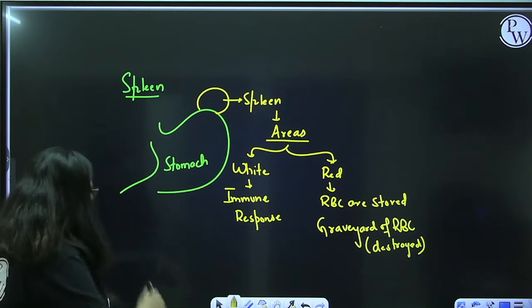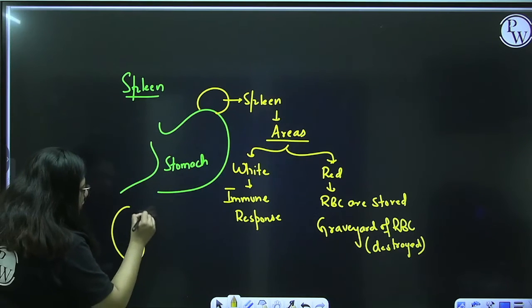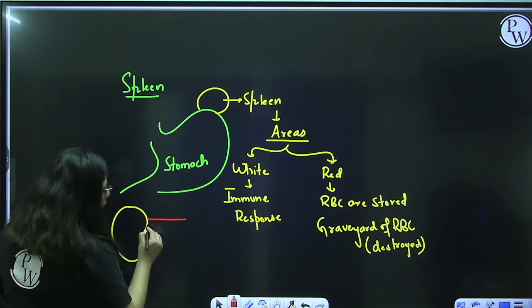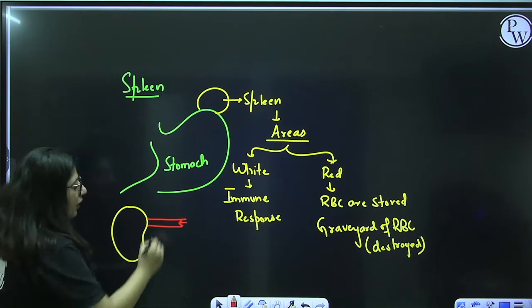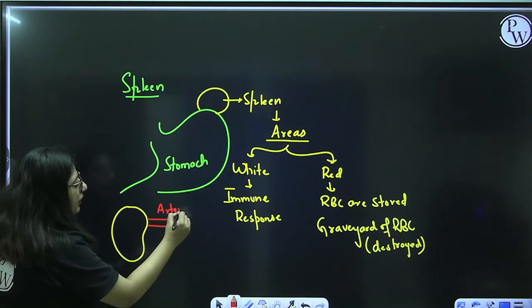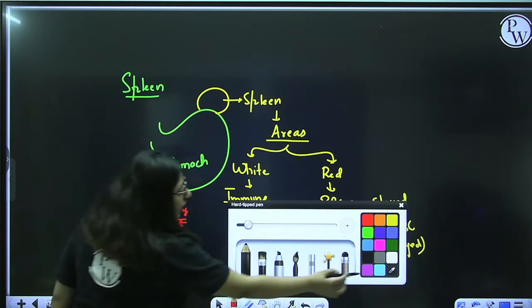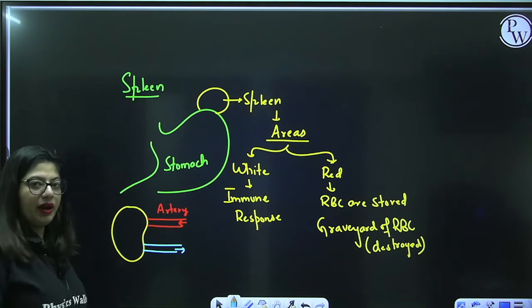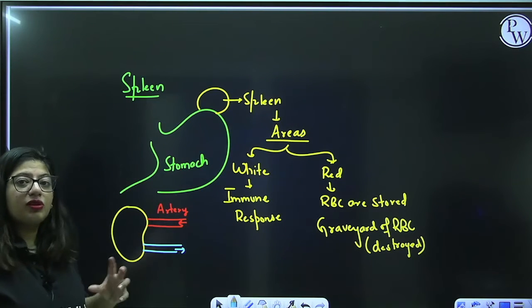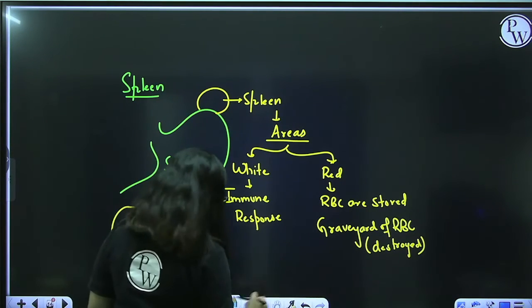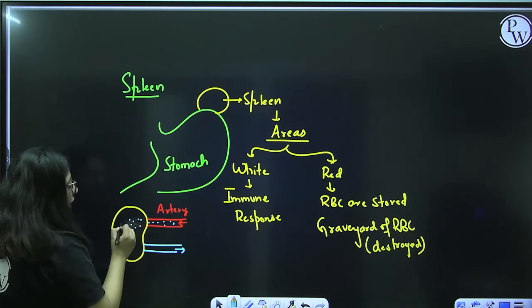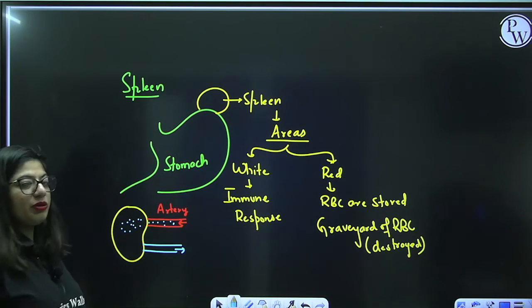How does it work? Imagine this is a spleen, it's a nodular structure. Just like any other organ, it will also receive the blood supply. So the artery will be bringing the oxygenated blood and the vein will be carrying away the deoxygenated blood. With blood comes a lot of impurities and pathogens. Imagine these are the pathogens that are coming. Now the spleen has immune cells.